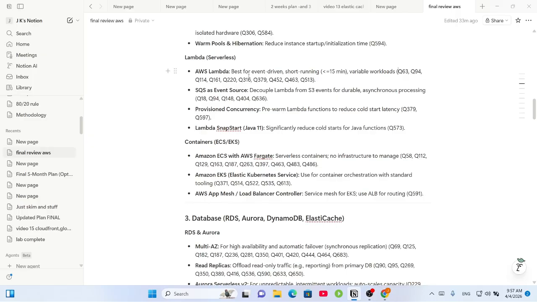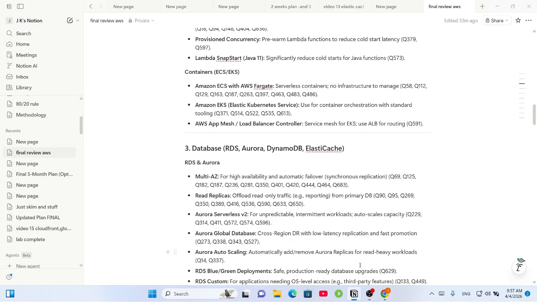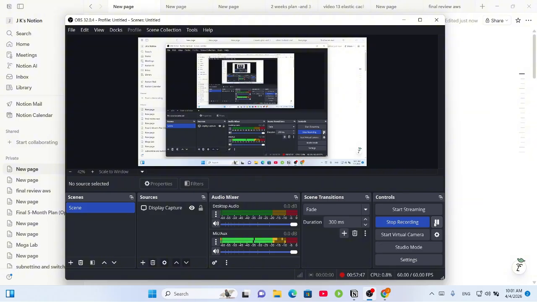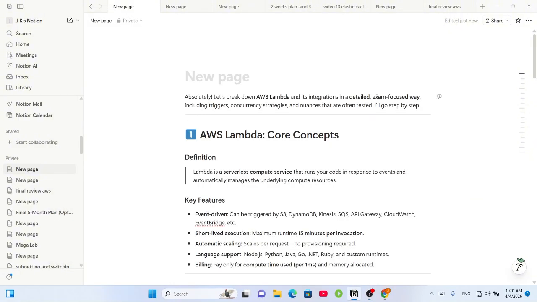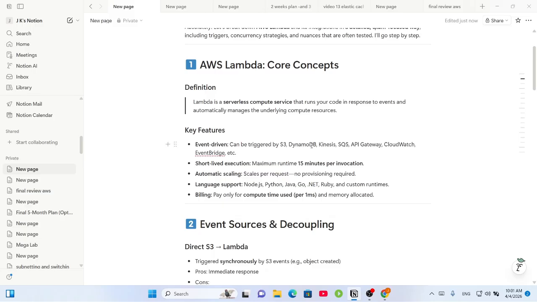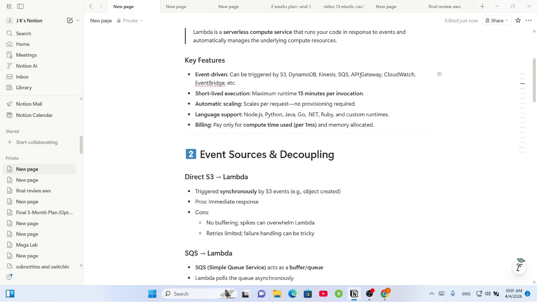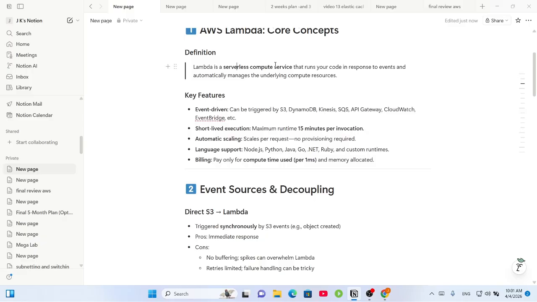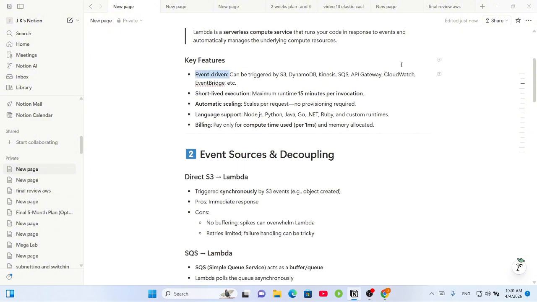Provisioned concurrency pre-warms Lambda functions to reduce cold start latency. Lambda SnapStart reduces cold start. So the idea is, when we talk about Lambda, this is a serverless compute service that runs your code and responds to an event and automatically manages the underlying infrastructure.